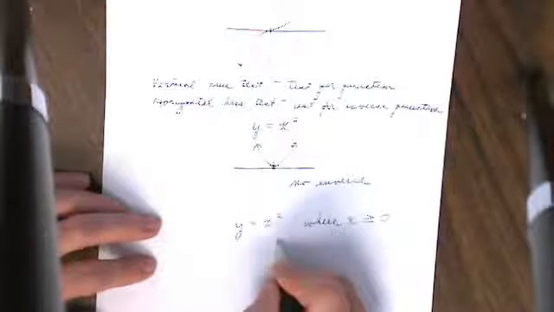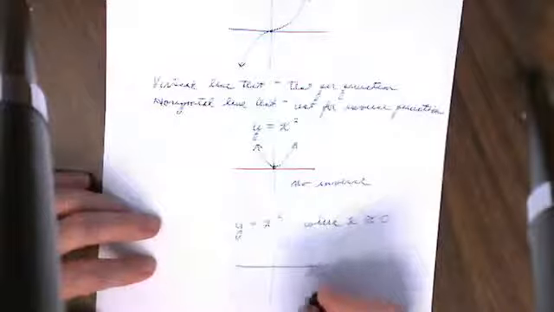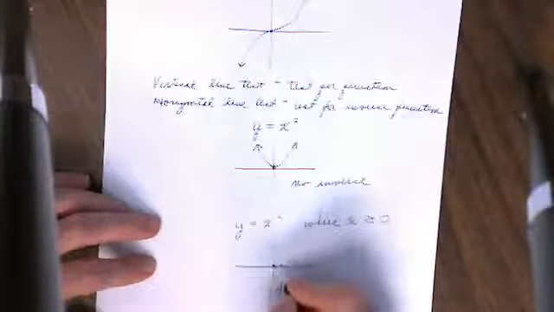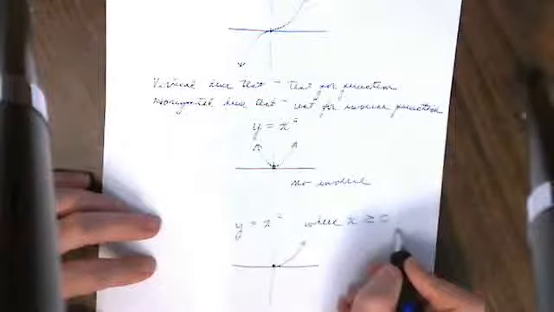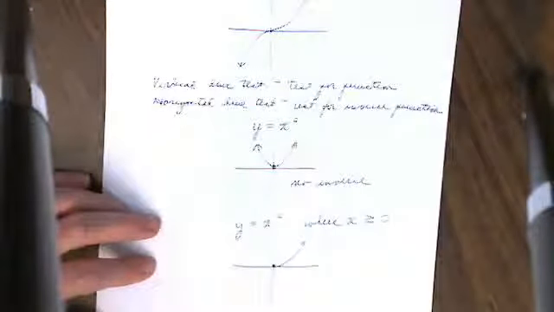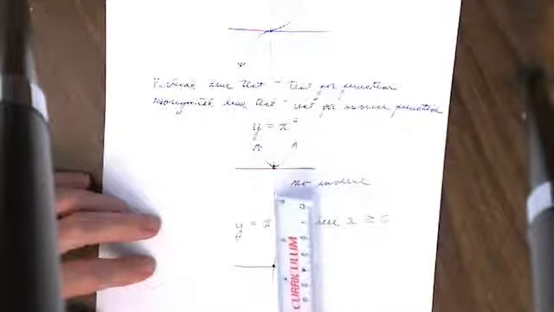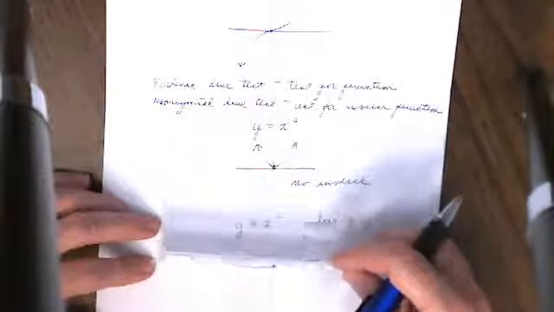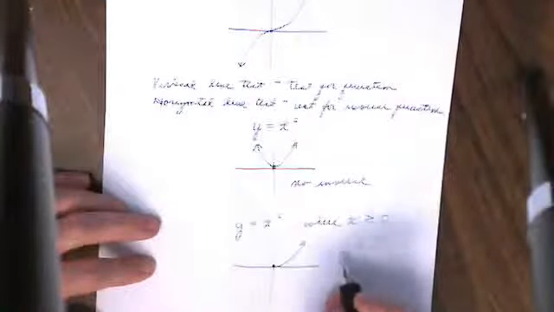Let's see what happens to my function if I were to limit its domain. Now my function looks like this. It only exists where x is either equal to or greater than 0. And now my function is still a function, but look, it will have an inverse. And we get an inverse function by limiting the domain of my original function.